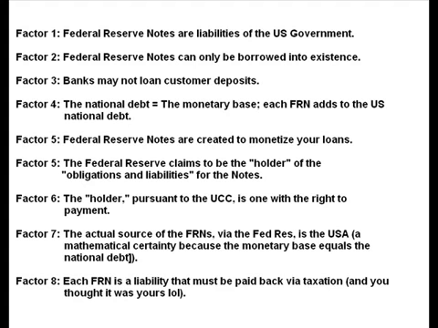Okay, so the Federal Reserve notes are created to monetize your loans, and supposedly the liability to pay them back is on you, but they're created to monetize your loans. Well, Federal Reserve notes are liabilities of the U.S. government, so the government would have to go into debt to create these. So you see what I'm saying?